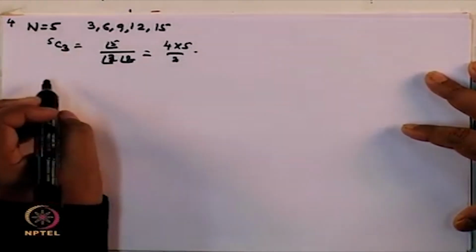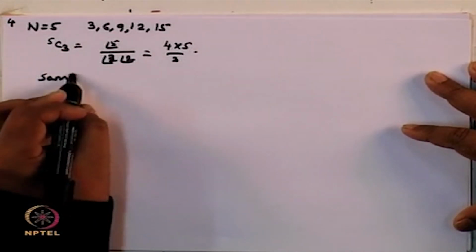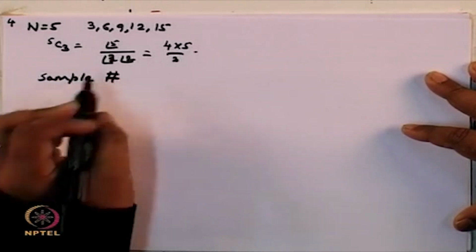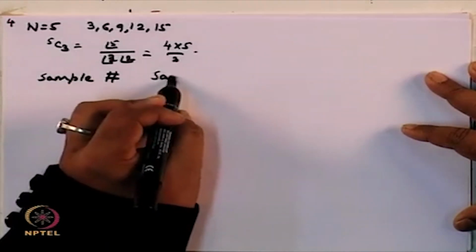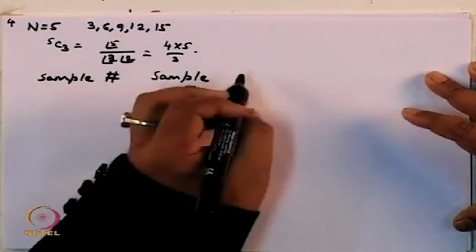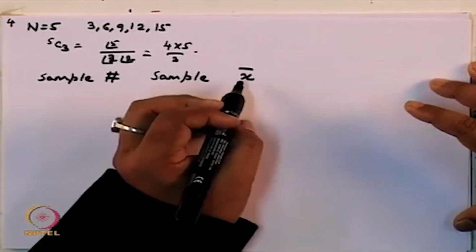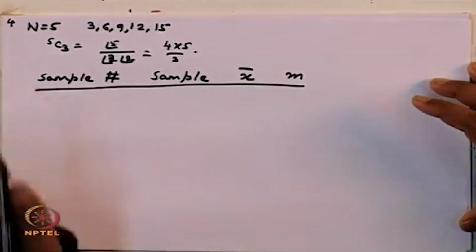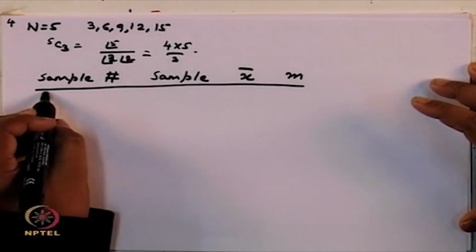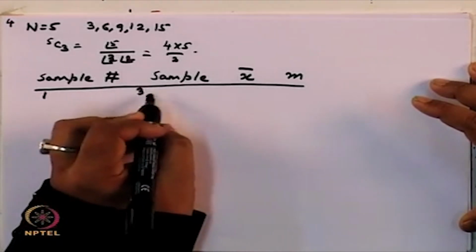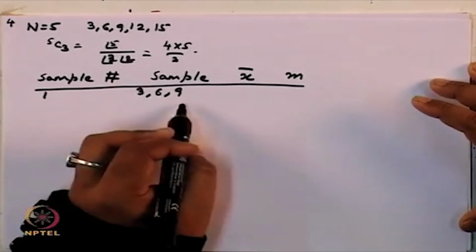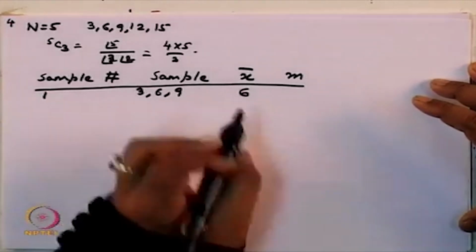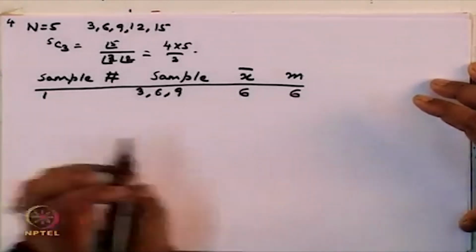Okay, let us list down the numbers. I will write down what my sample is, and for each of these I will calculate x bar, the sample mean, and let us say m is the sample median. I can draw 3, 6, 9. For this case my x bar is 6 and my median is 6.